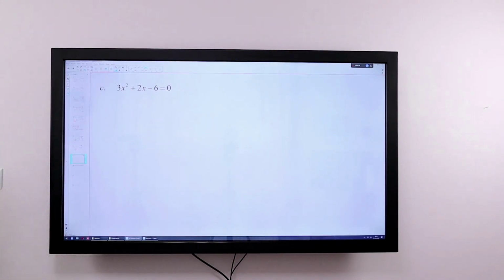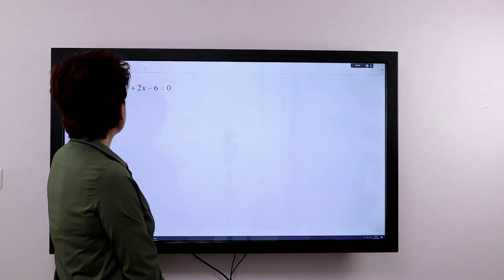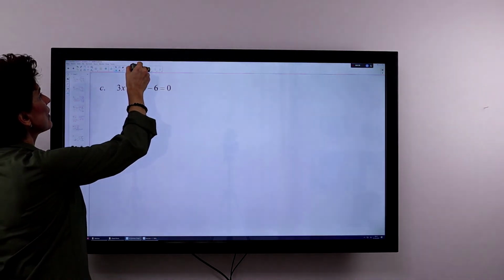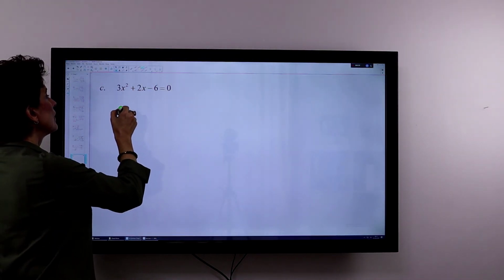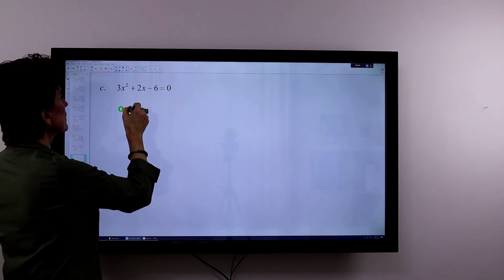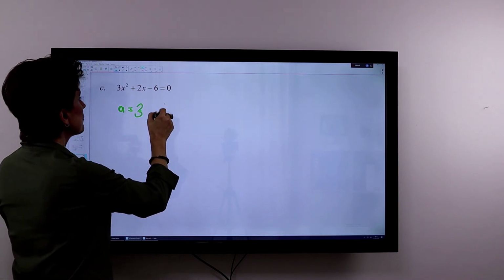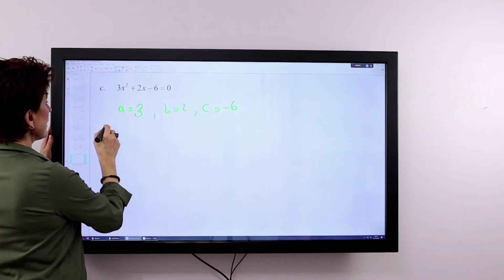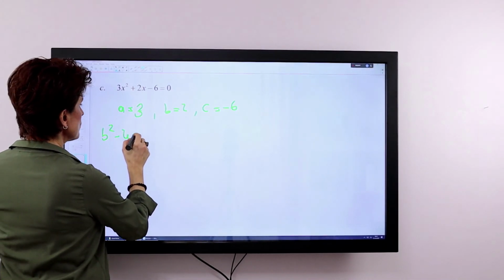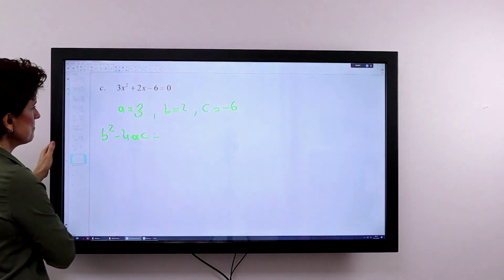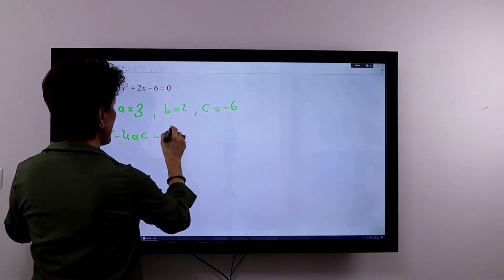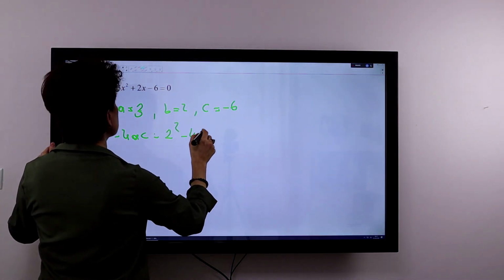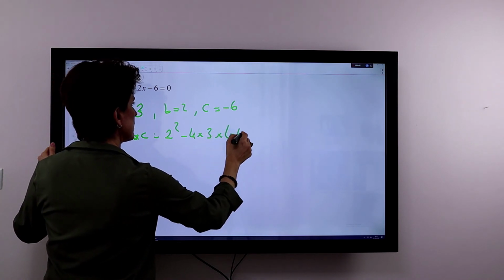Okay, dear students. Another question. One more. How do you feel? I hope you are learning, dear students. A is 3, right? B is 2, C is negative 6. Discriminant is b squared minus 4ac. Let's do this. What is b? 2 squared minus 4 times 3 times negative 6.